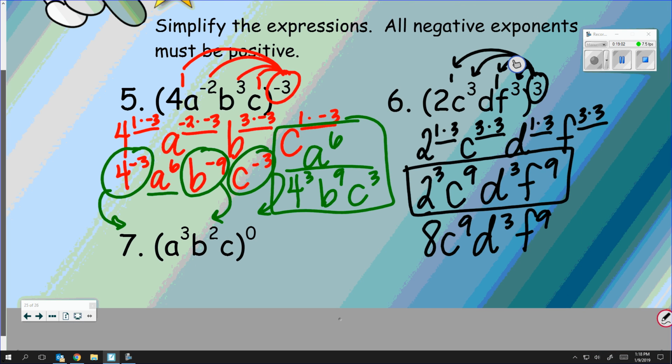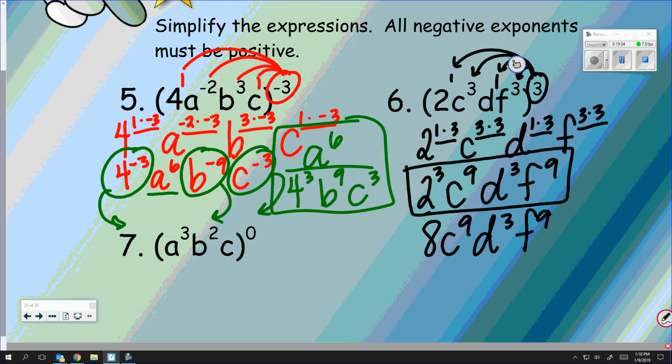Okay, this last one. Okay, we have to add a 1 to that C to make sure that all of our terms have an exponent. Then we're taking this number outside, the 0, and we're multiplying it by every term. So we have A, 3 times 0, B, which is 2, times that 0 we're distributing, and C to the 1st times that 0 we're distributing.